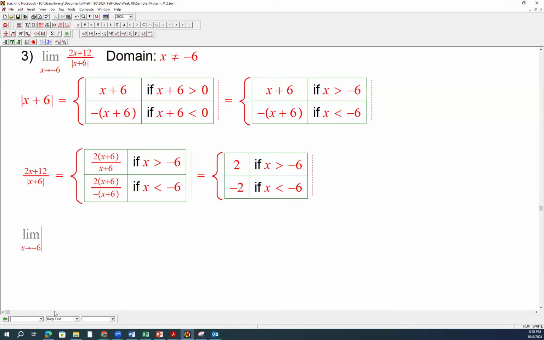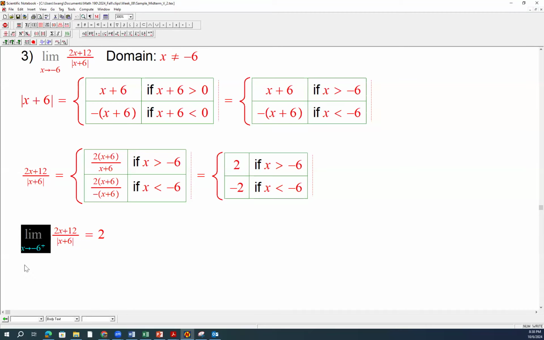By this time, taking the limit from left and right. If we take the limit as x approaches -6 from larger than -6, which is a positive sign on the shoulder of -6, the limit of the function is going to be +2.